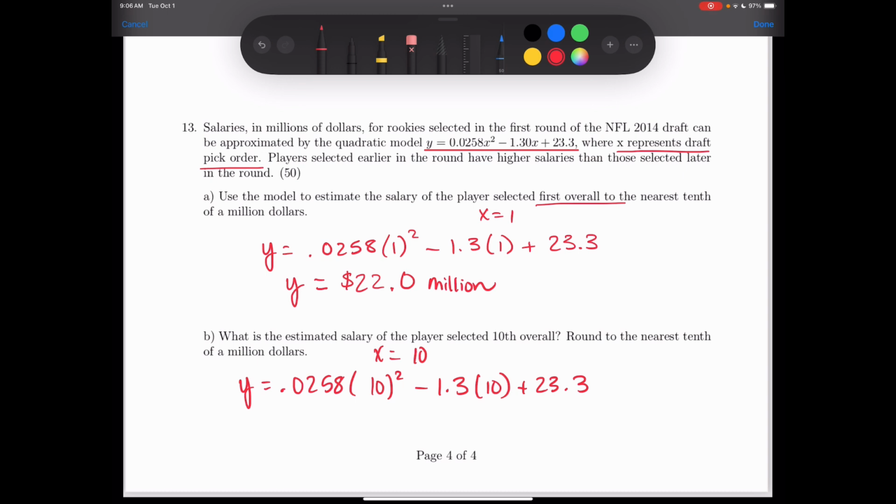And when I get that, I get y is equal to 12.9 million.